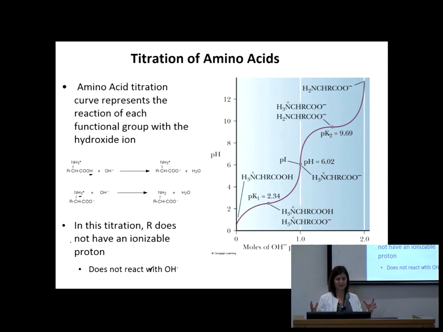I like to think of it the same way. Imagine this hand is the acid and this hand is the base, and they're holding baseballs, and the baseballs are the protons. At first, there's baseballs all around, and say the room is filled with kids. So the kids aren't trying to rip the baseballs out of my hand. As we raise the pH, the baseballs are going out of the room.